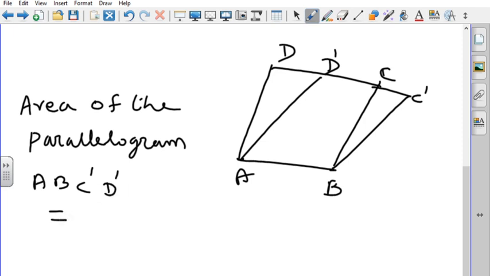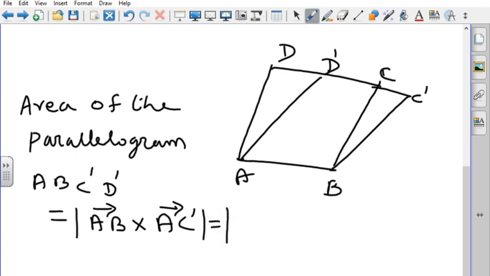So the area of the parallelogram AB, C dash, D dash is equal to modulus of AB vector cross AC dash vector, and this can be written as modulus of AB vector cross AC dash vector.